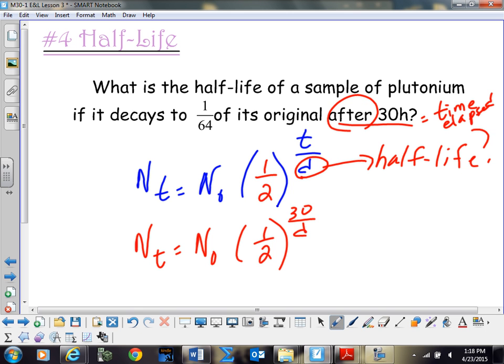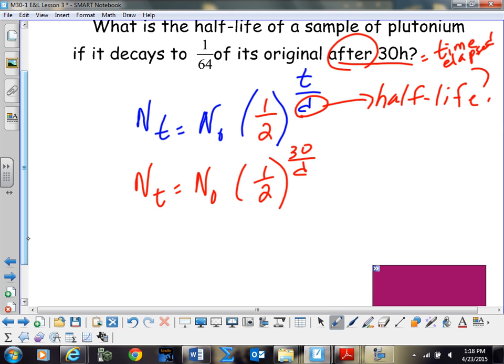But this one is not increasing, it's decreasing. It decays to 1/64th of its original. So what that is saying is that the amount after a given time over the original is 1/64. It decreases to 1/64th of the original.